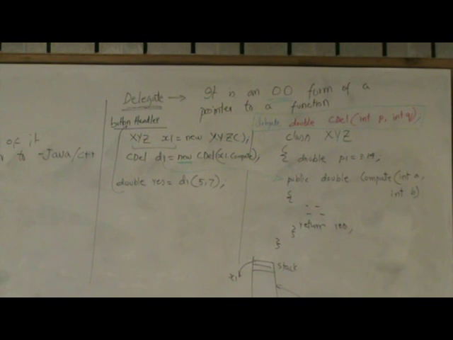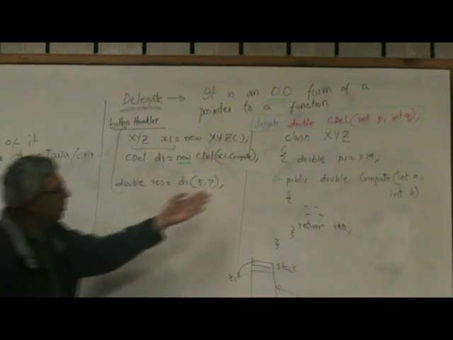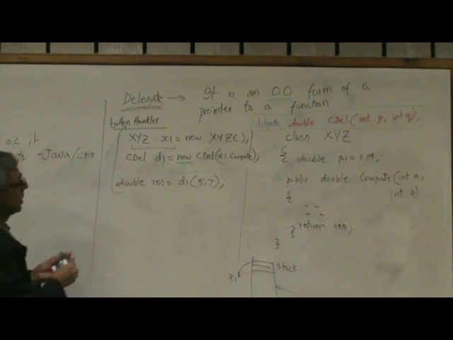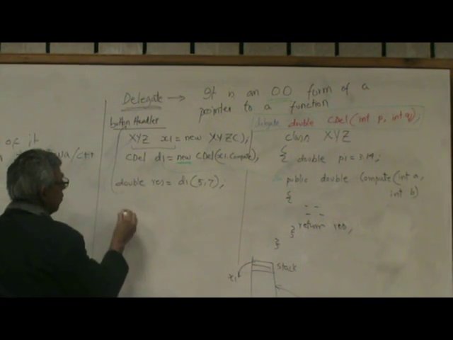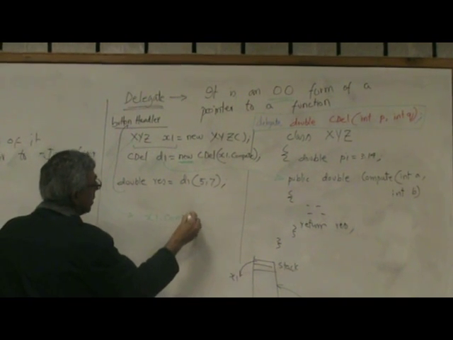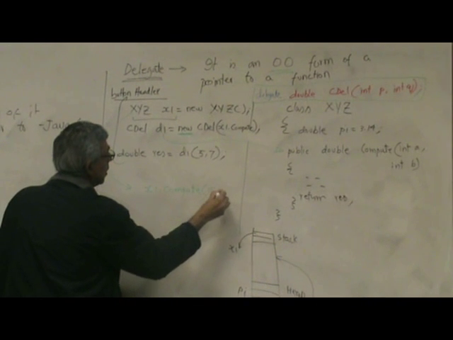Once you learn this concept, the natural question that will come to your mind is, it seems like a useless thing, because if the goal was to call this function, why even create a delegate? As soon as you create this, why can't we simply say x1.compute 5, 7?